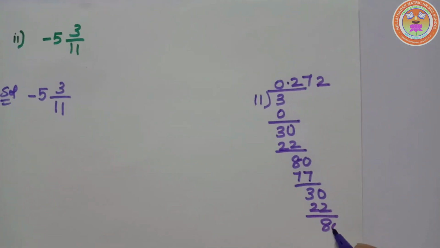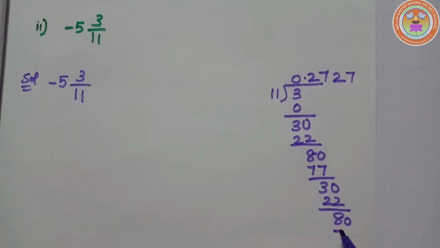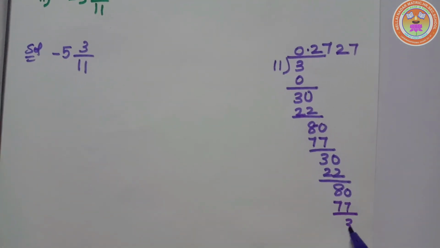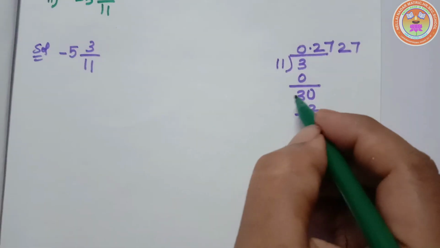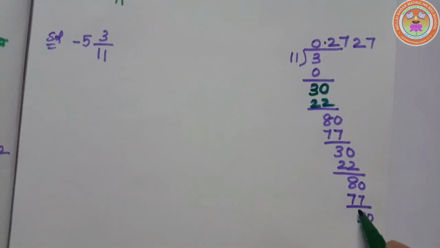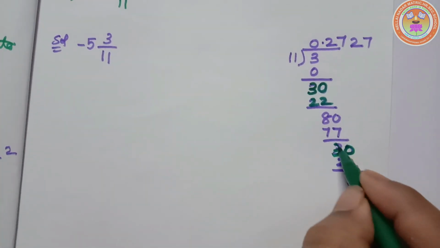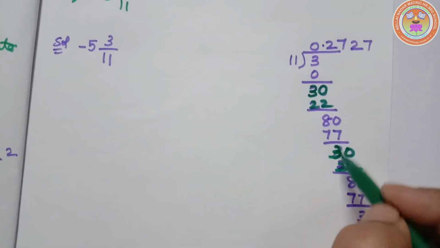Balance 8, 0. Again 11 sevens are 77. Balance 3. So here see children, here 3, 0, 2, 2. Here also 3, 0, 2, 2. Right? So it is repeating again.